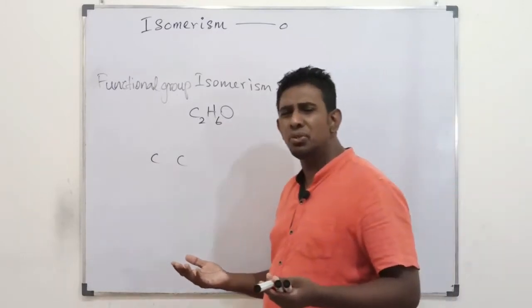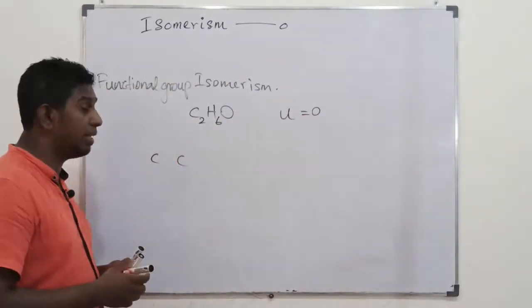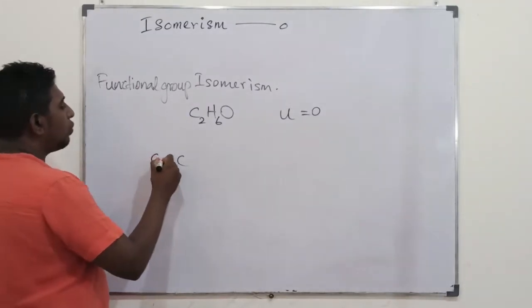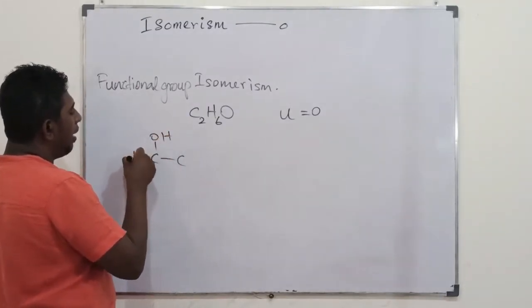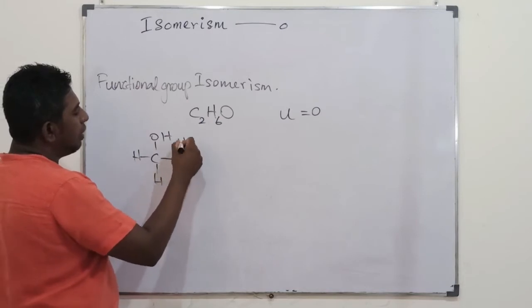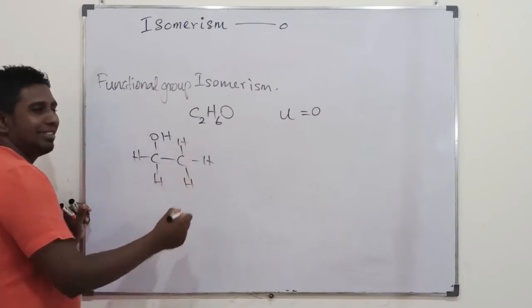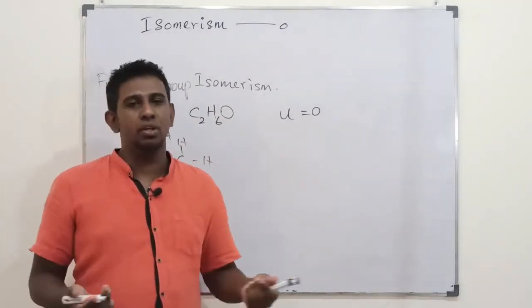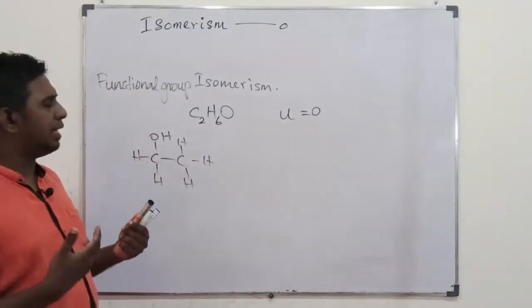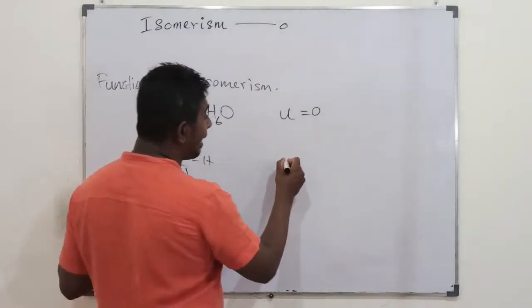Okay, so here you do not have any unsaturation number, it means 0. Therefore, it could be an alcohol. It is the well-known alcohol, right? It's ethanol.